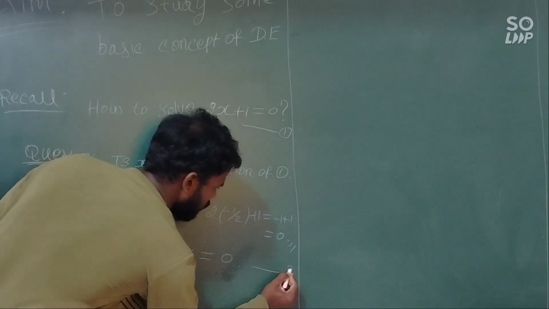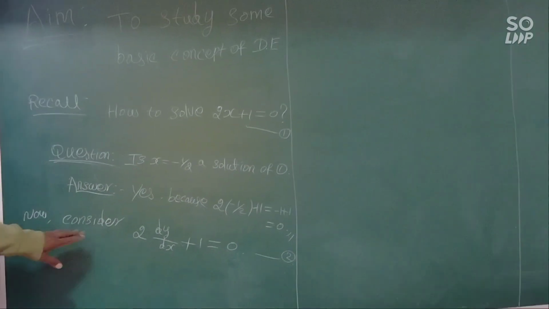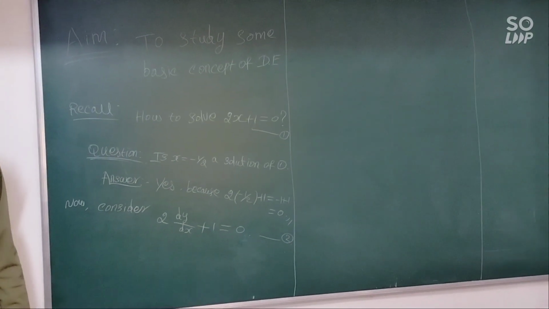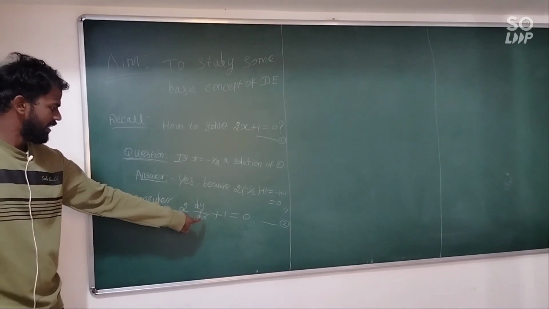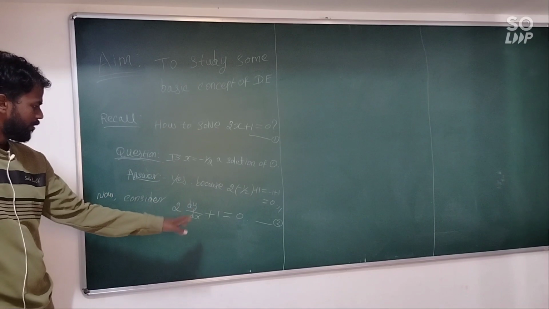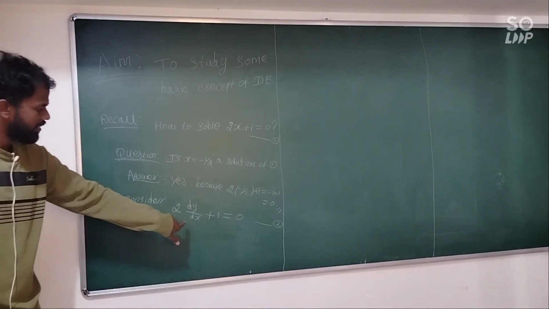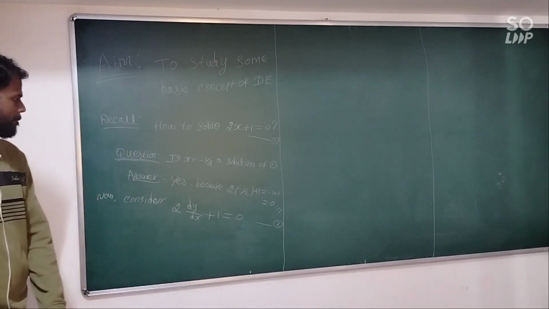So let's say equation 2. So now we will consider this equation. I hope you know what you mean by dy by dx. That means if you have a function y, dy by dx is nothing but the derivative of y. So now you have the equation of this form.